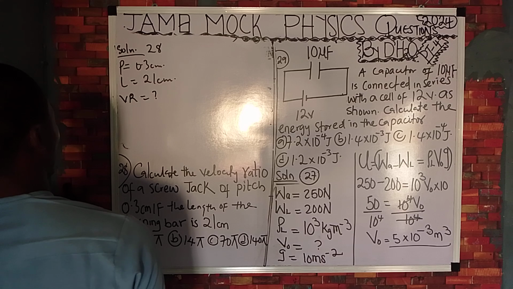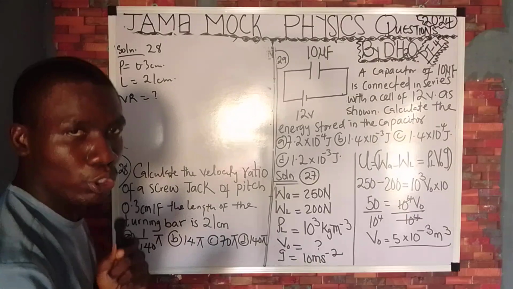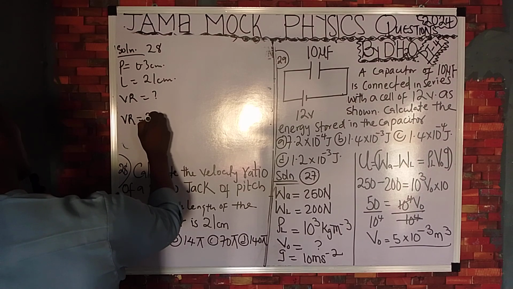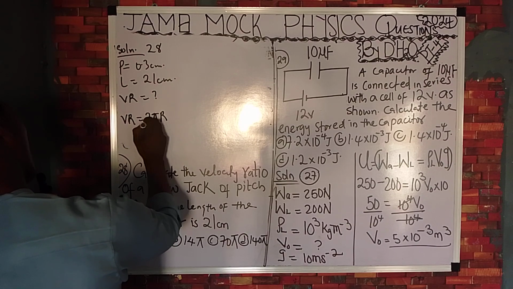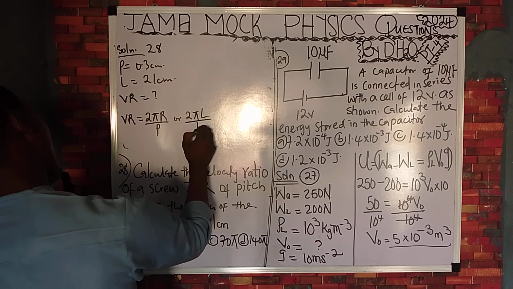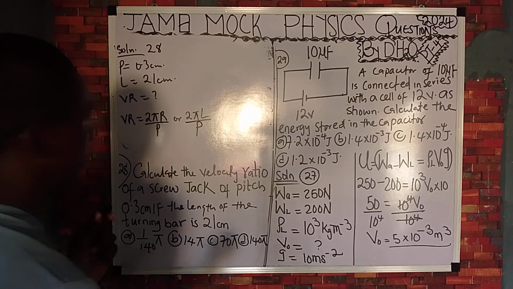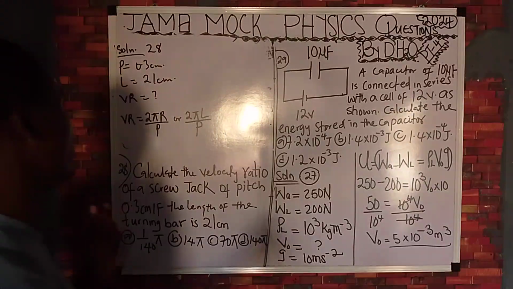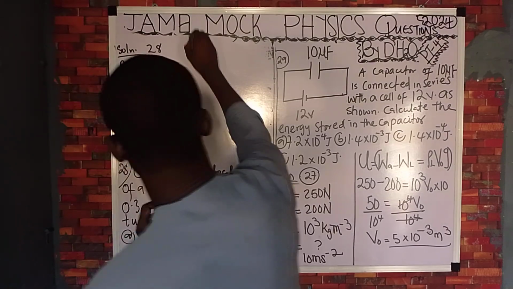Remember, for a screw jack, the velocity ratio is equals to 2 pi r over pitch or 2 pi L over pitch. If this question happens to come out in your exam, please do not fail it because it is very cheap. So what do we do now?